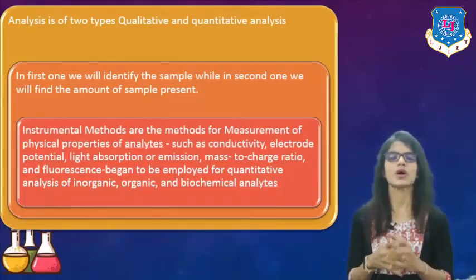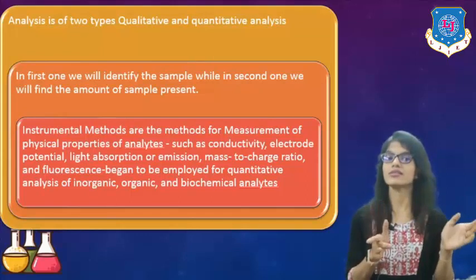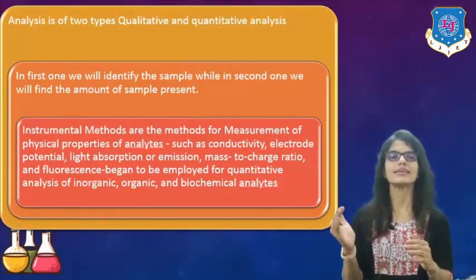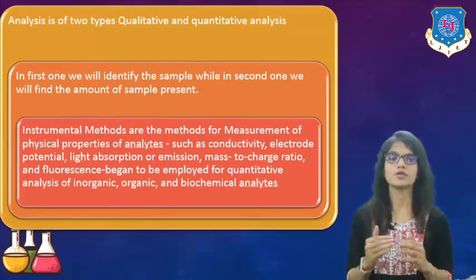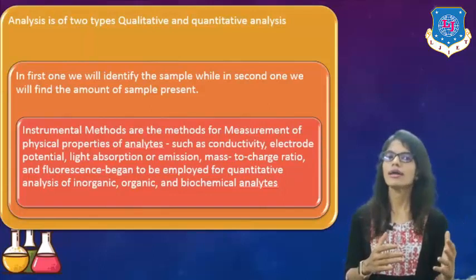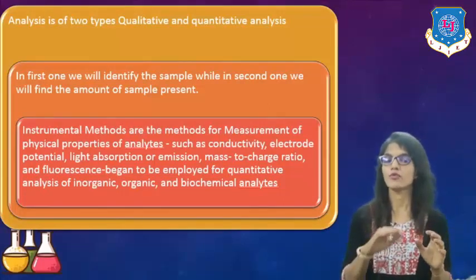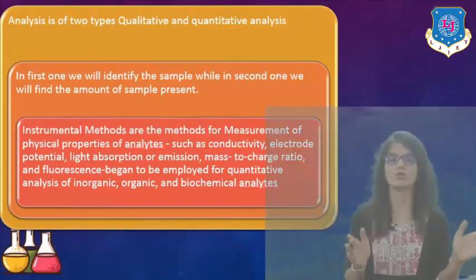So in the first one, we will identify the sample, while in the other one, which is quantitative analysis, what do you understand by that? Quantitative analysis means we will find the amount of compound which is present in the particular solution or in the particular mixture. Both the things are different. One will identify the property, another one will identify the amount.